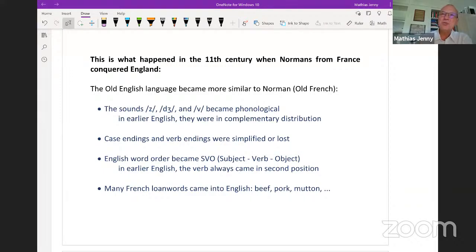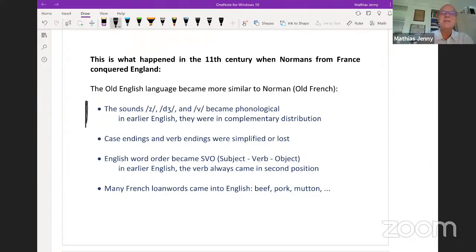And this led to changes in English. So the Old English language in the 11th century became more similar to French because the leading group of the society spoke French or English with a French accent. So we can see changes in English at this point on all levels of the language.